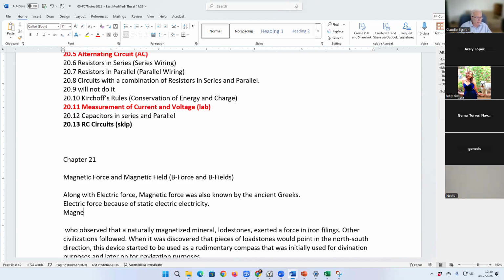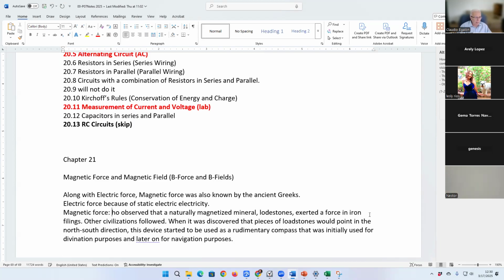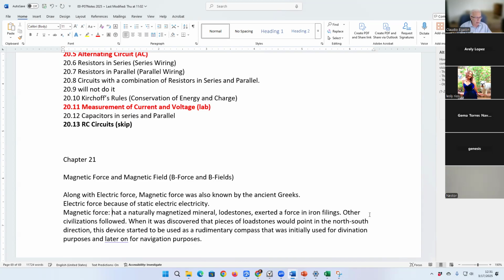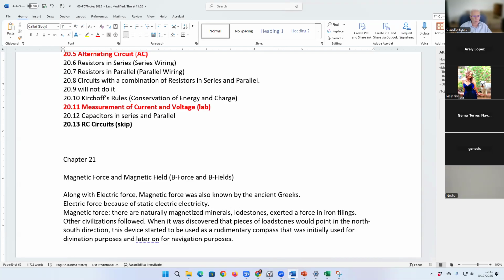But what about magnetic force? How did they know about magnetic force, right? Well, they knew because there are naturally magnetized minerals, called lodestone, and those minerals exert a force on iron filings.